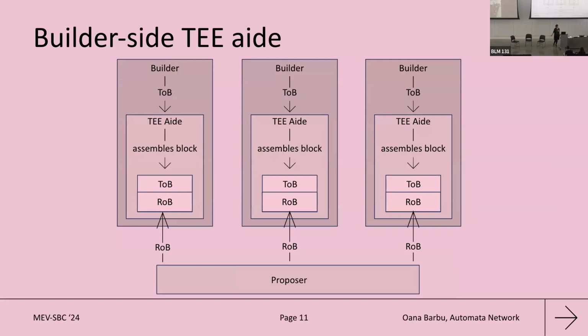And the proposer, of course, will select the most profitable one. Due to the integrity guarantees provided by the TEE, the proposer can rest assured that the TEE aid will build the block according to the specification, so the builder will not be able to do anything malicious.